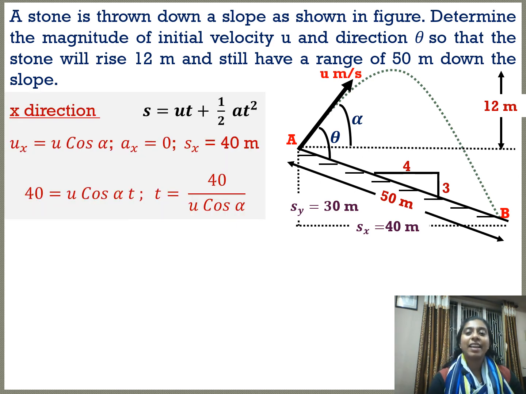Now in x direction, we know S is equal to ut plus half at square. So in x direction, ux is equal to u cos alpha. And ax is 0, acceleration due to gravity is 0, and sx, that is horizontal distance, is 40 meter. So this u is resolved into horizontal component and vertical component.